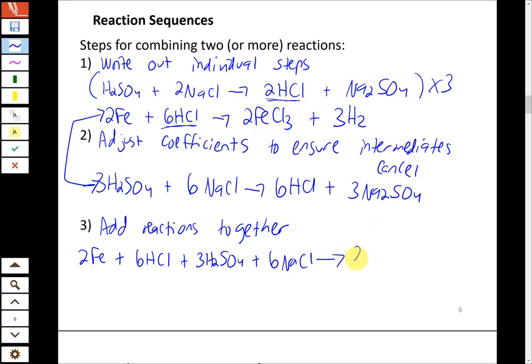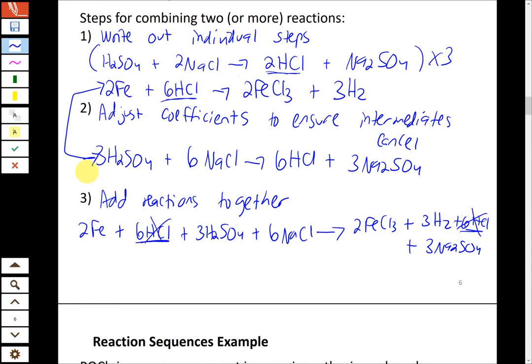We're going to have 2FeCl3, 3H2 from that unmodified equation up here, and then from this we have the 6HCl, and down here in the next line, 3 sodium sulfates. And so now our intermediate HCl has a coefficient of 6 on both sides, so it can be canceled. And so that leaves us with the final equation where we got rid of that intermediate.